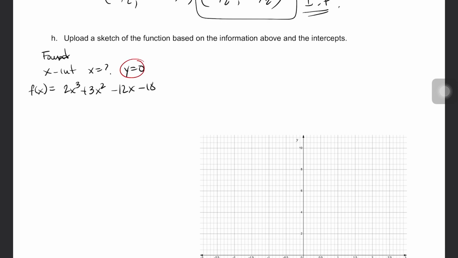We're going to set y equal to 0, so that means we're going to set that equal to 0 and focus on the right side to solve for x. This is a long function, but one of the techniques that we learned in factoring was factoring by grouping. So we're going to focus on the first group and the second group independently of each other.